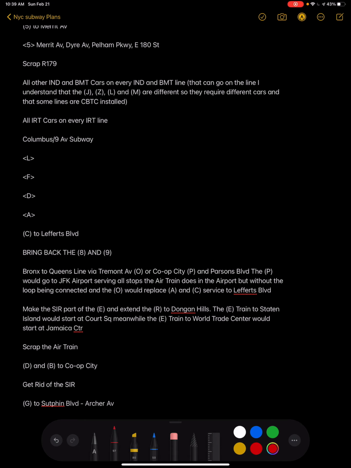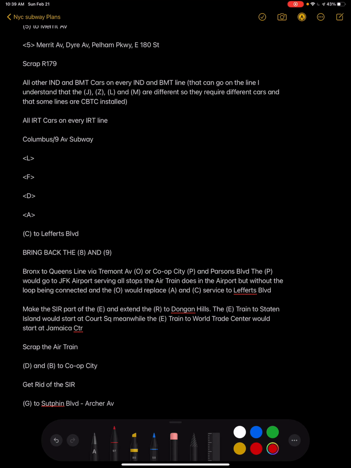Basically, I did the exact same thing, but instead, they go down to Ozone Park Lefferts Boulevard, which actually isn't in Ozone Park. And remember how I extended the C to Lefferts last time? Well, that would actually stay at Rockaway Boulevard, because the O would use that service.